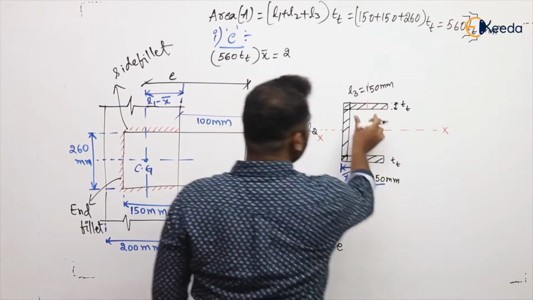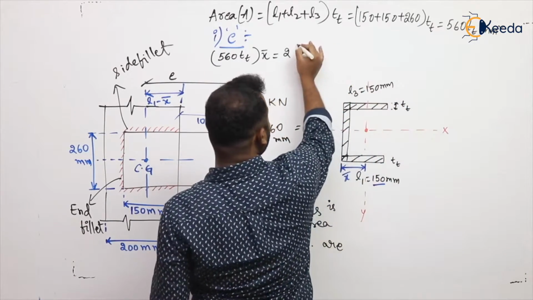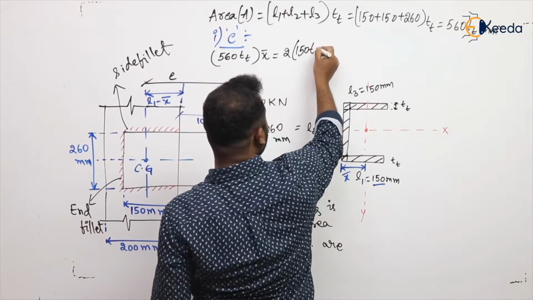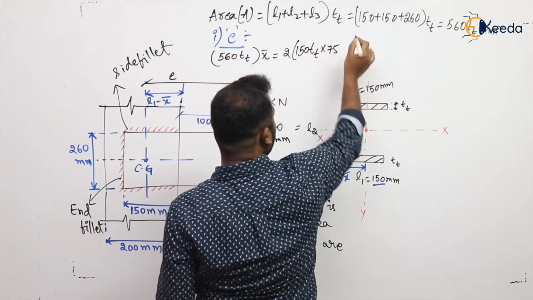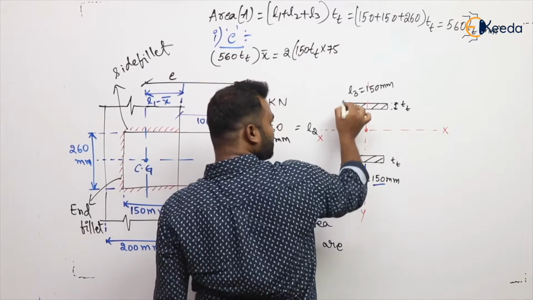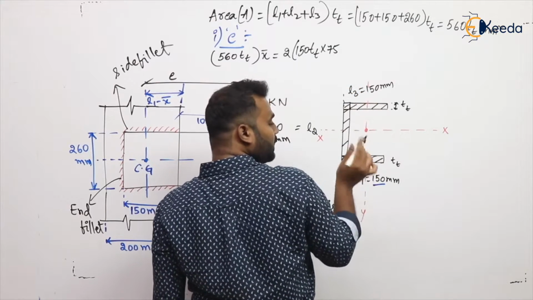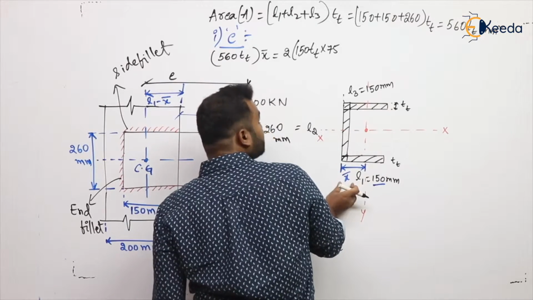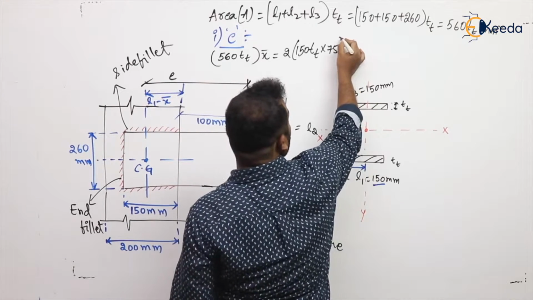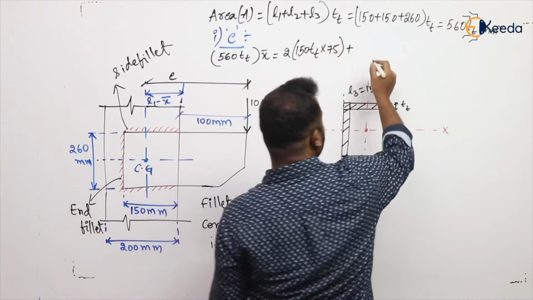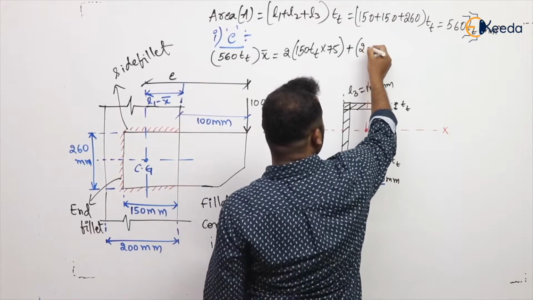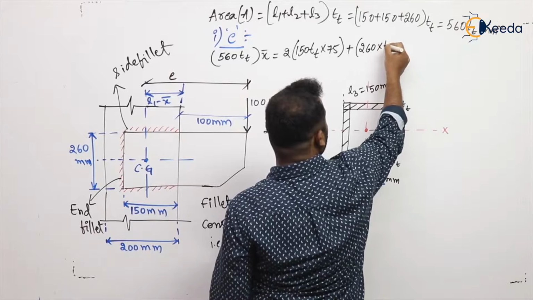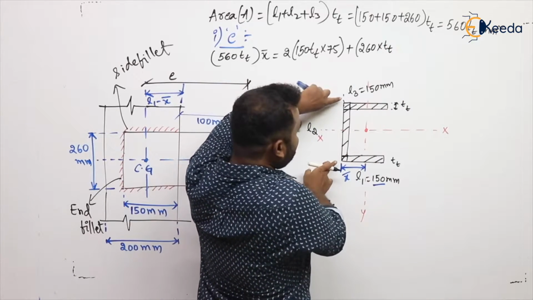The area of this line is 150 into TT, and the CG of this line area from this extreme face is 75. As we are calculating the CG from this extreme fiber, that is the reason we are representing it as X bar. Plus 260 into TT.